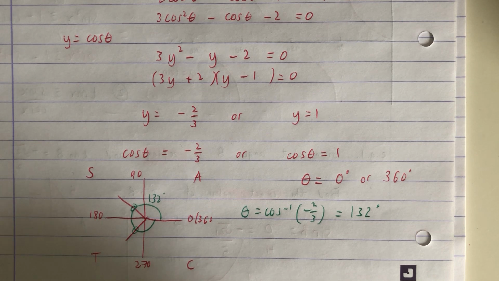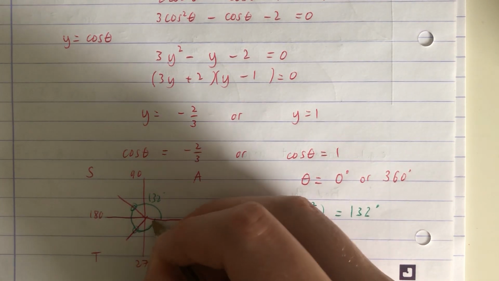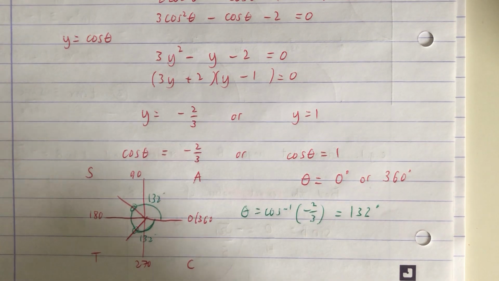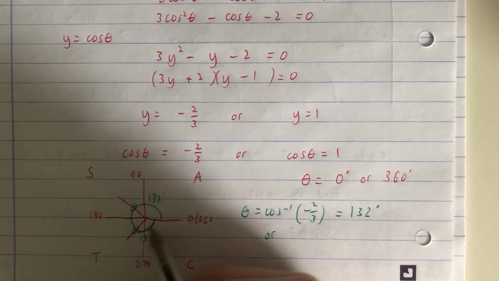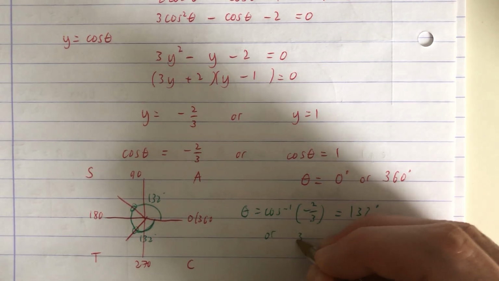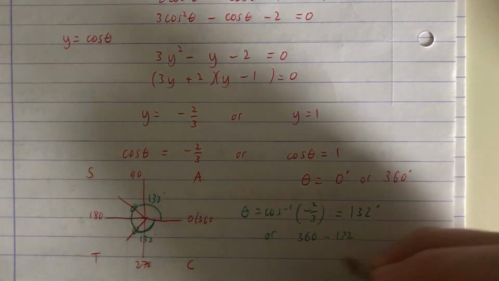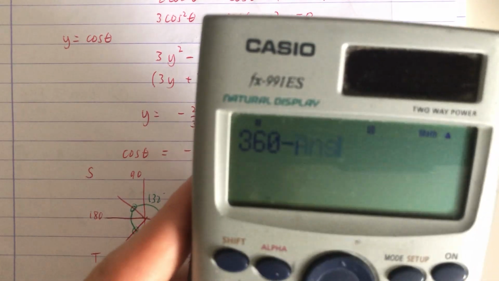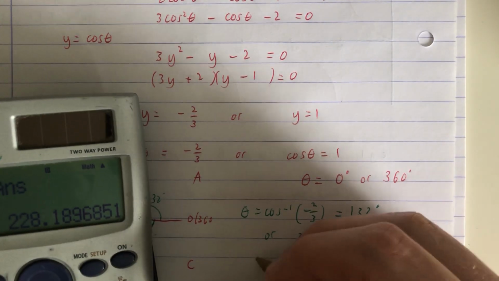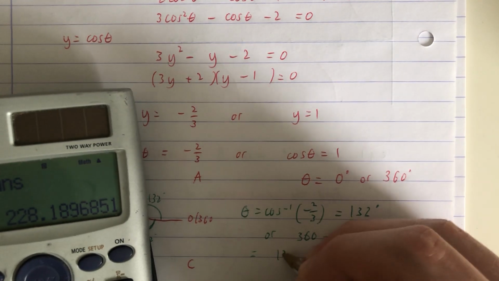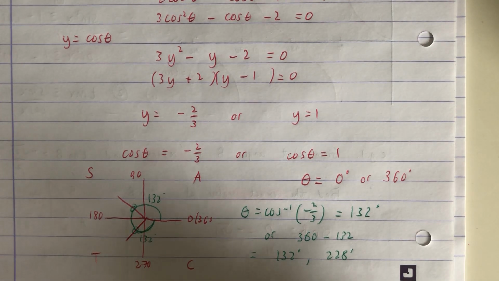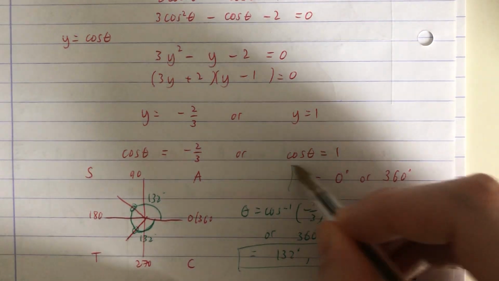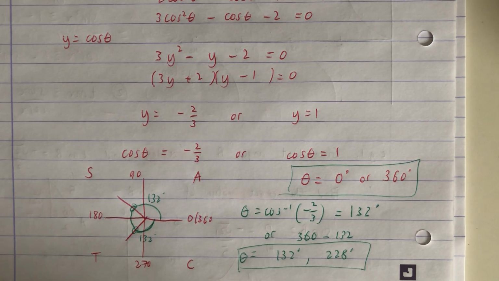And by the symmetry of the curve and the symmetry of this diagram, that angle there below is 132 degrees. But in order to work out the actual angle I want, it would be 360 subtract 132. So 360 subtract that answer, which gives you 132 degrees or 228 degrees. Those are your values for theta.